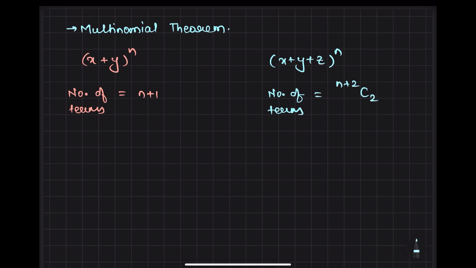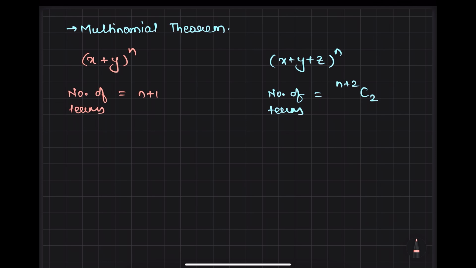So this many terms right now we will have. Now if it has a plus b plus c plus d, this thing will vary. So it is like distribution of sticks among persons, distribution of identical objects among different persons.